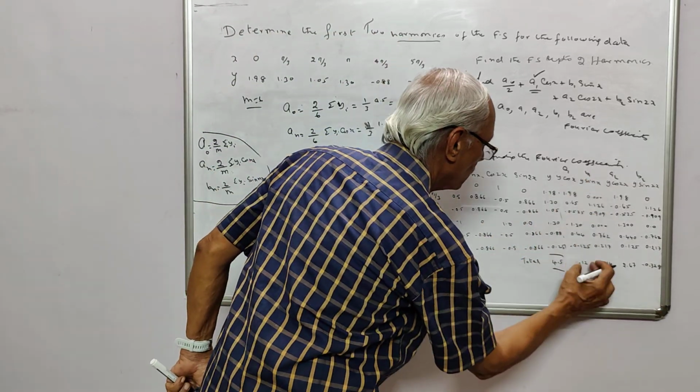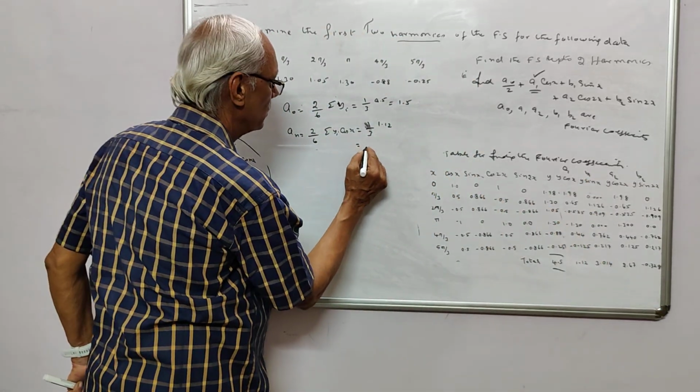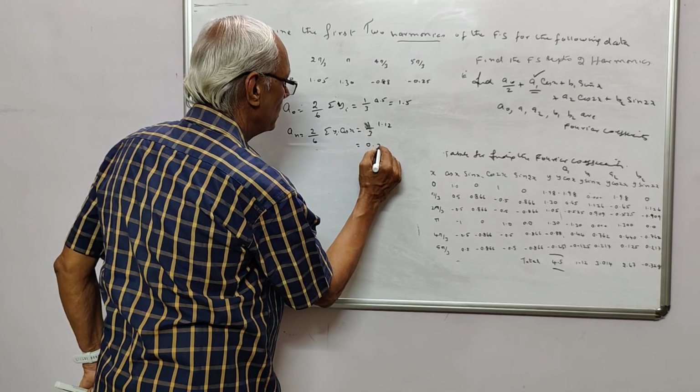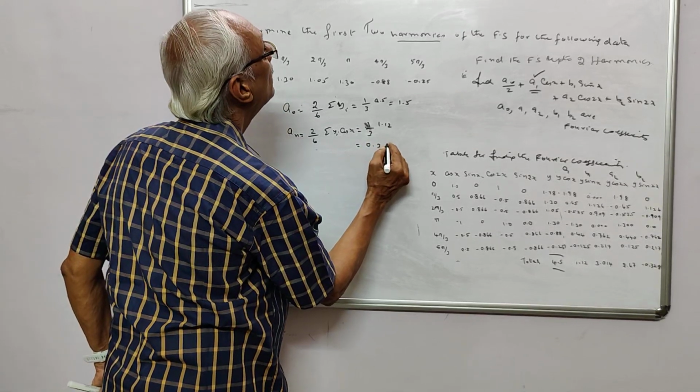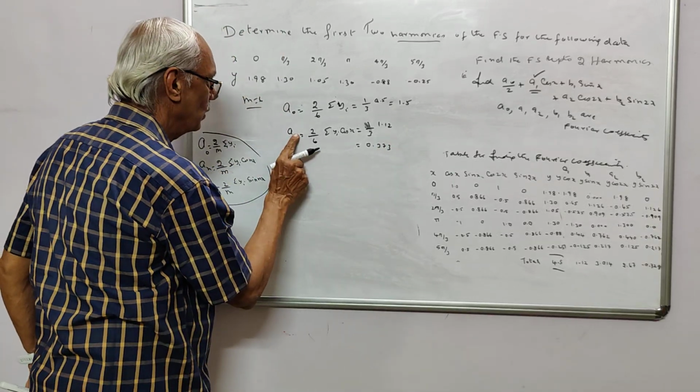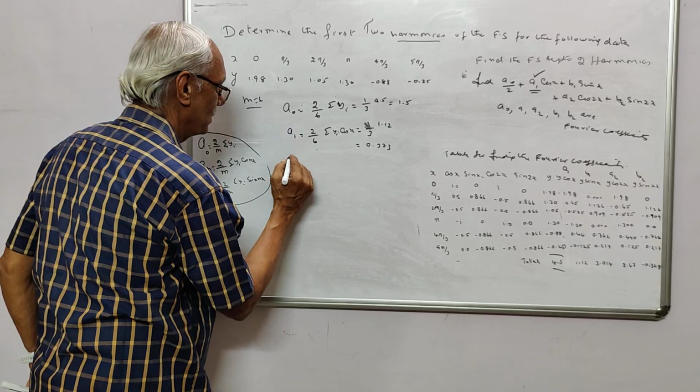See, this value is 1.12. So this is equal to 0.373. So this is your A1.